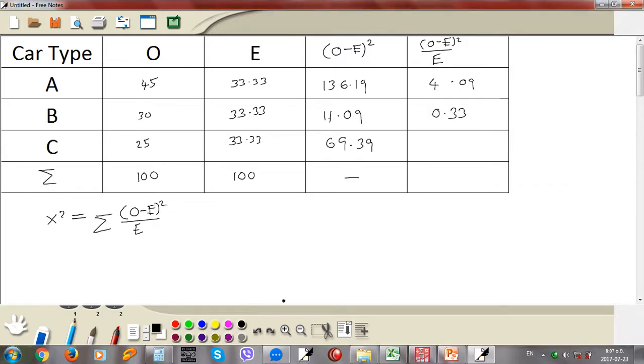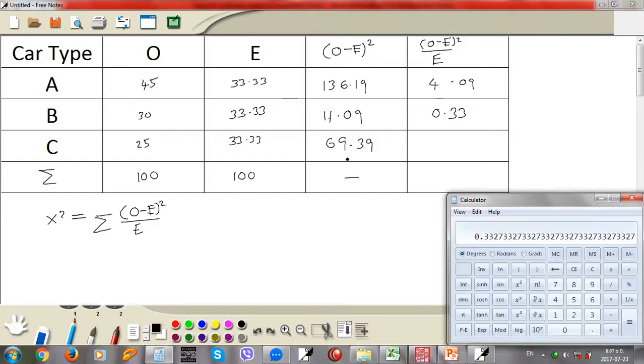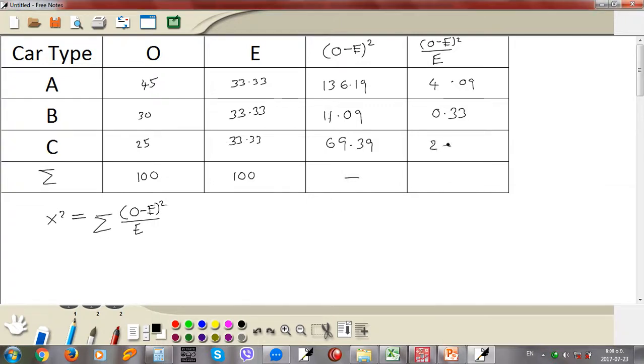The last one is 69.39 divided by 33.33, which comes to 2.081, so we write 2.08.